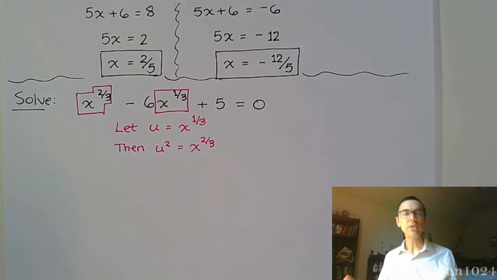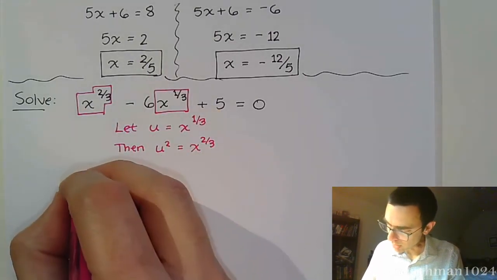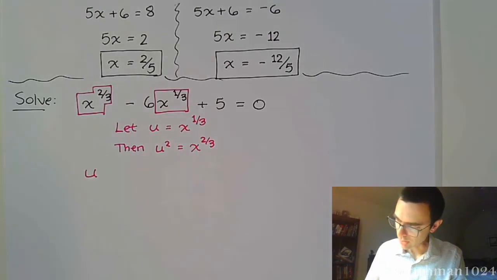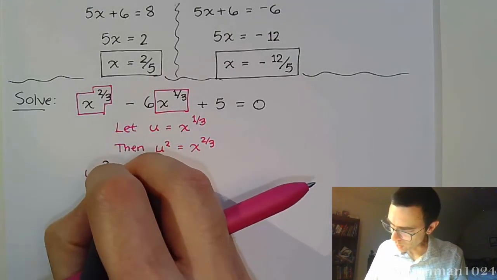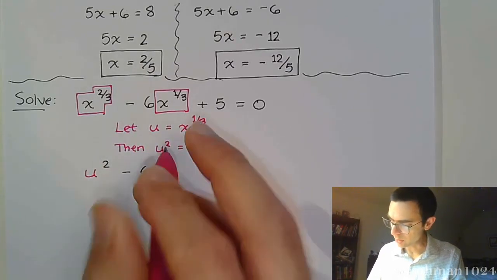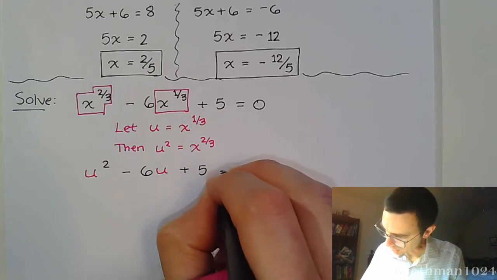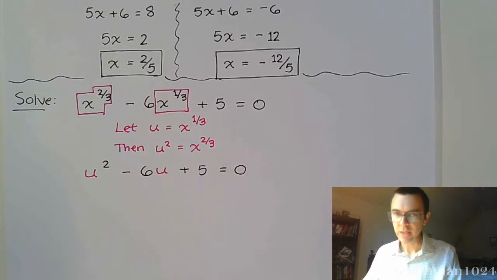And so we can use these statements to rewrite our equation into something a little nicer. So this becomes u squared minus 6u plus 5 is equal to 0.